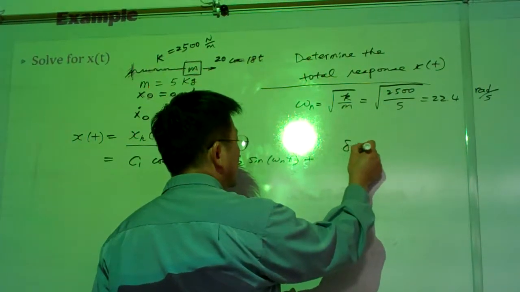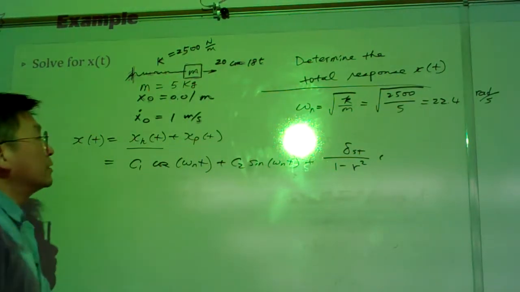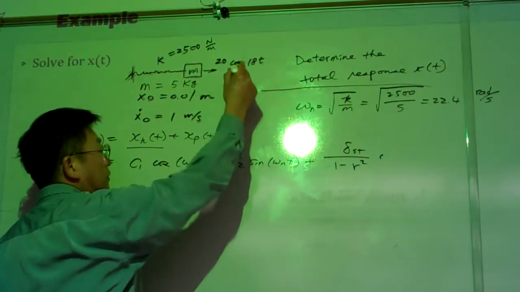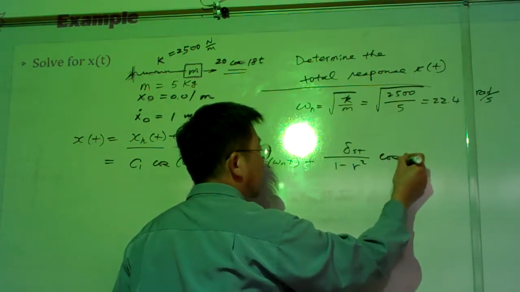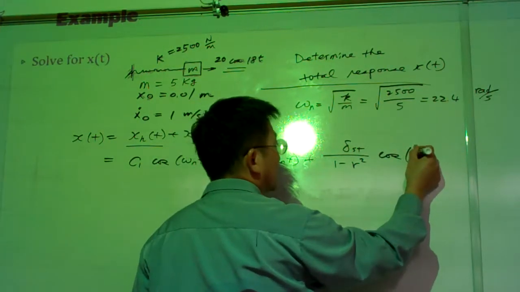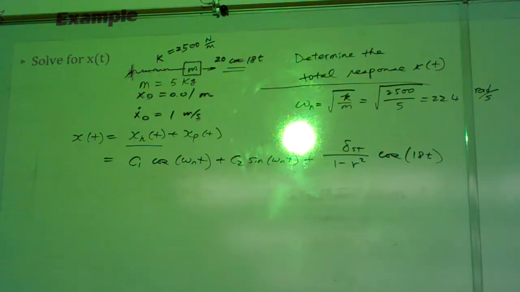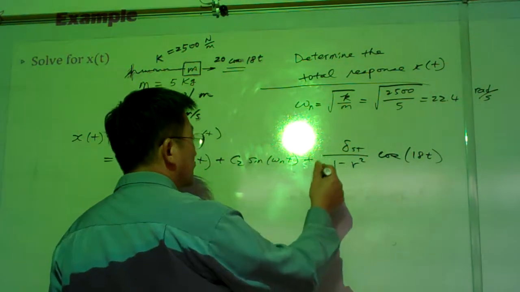So say delta st over 1 minus r squared times cosine. And again, here you assume it is cosine. Okay, and we are given the working frequency is 18, you're simply using the same form. Okay, so here we have to do other calculations.